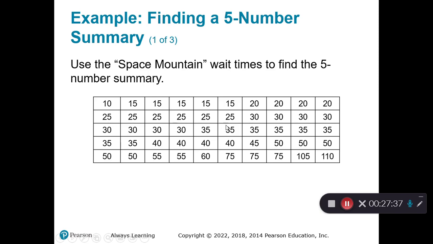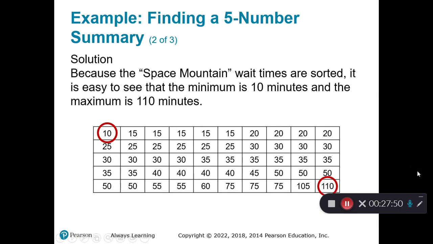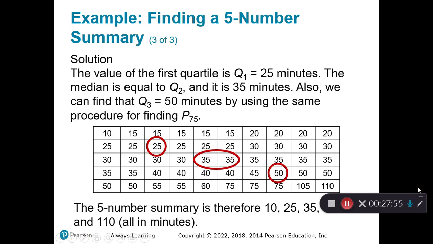We have an even number of values, so we would have to take the mean of the 2 competing middle values, which happen to match. So the median here would be 35. So again, minimum and maximum are pretty easy to identify. We already talked about the median being the tiebreaker here between these 2 values, which happens to be 35 itself.